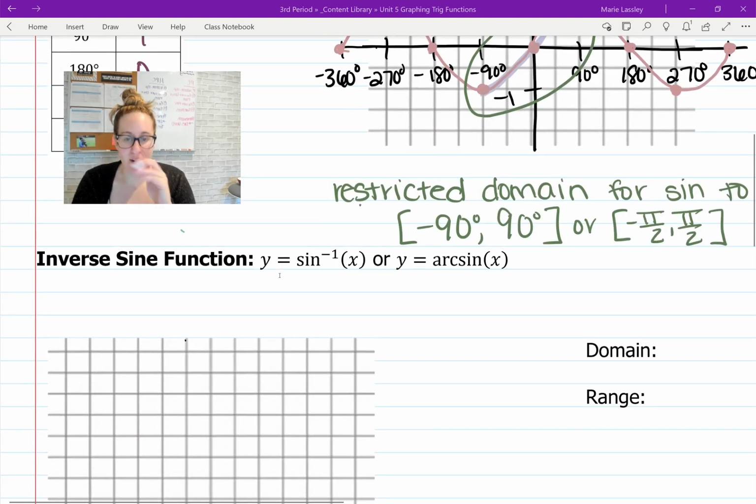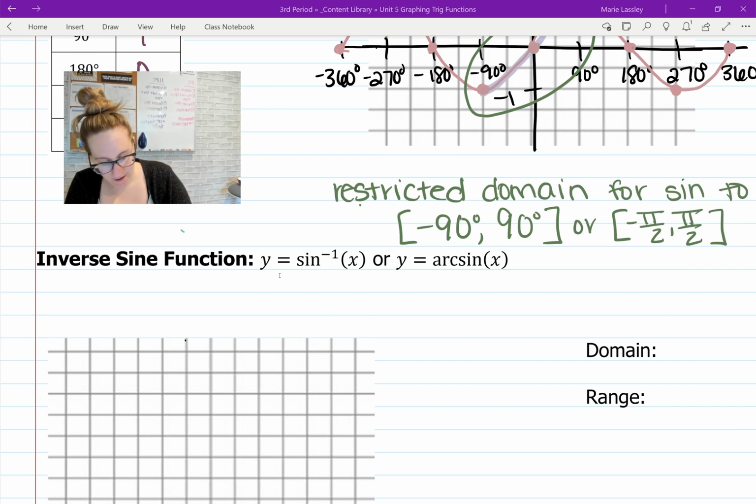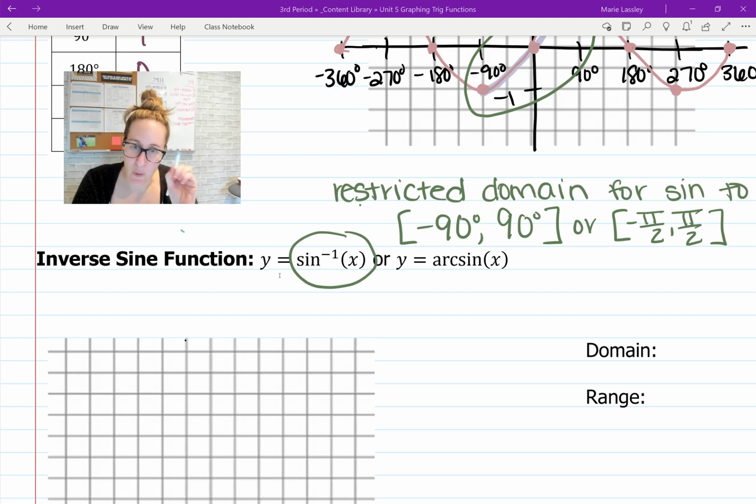Okay, so inverse sine function. First we're going to look at notation. We have a very familiar notation, hopefully, sine to the -1. Anytime you see something like this, where it's the function and there's a -1 before the parentheses, this is indicating it's an inverse. Now, please don't get this confused with something like this, because one means inverse, one means reciprocal.